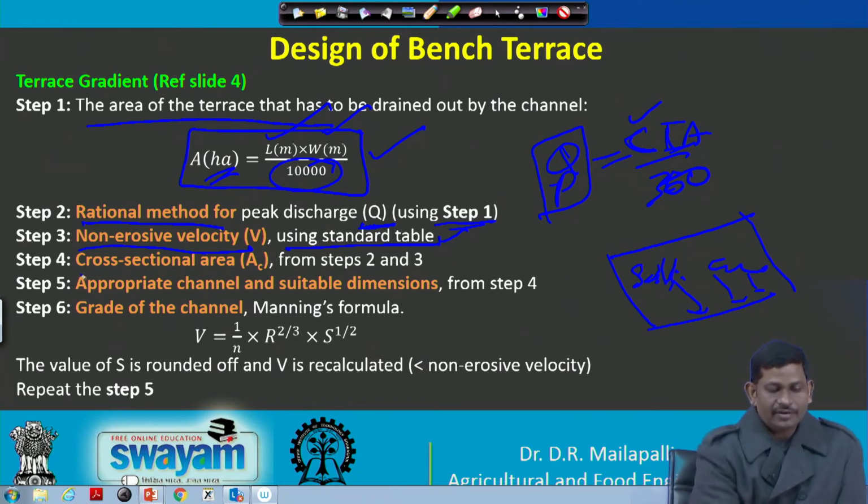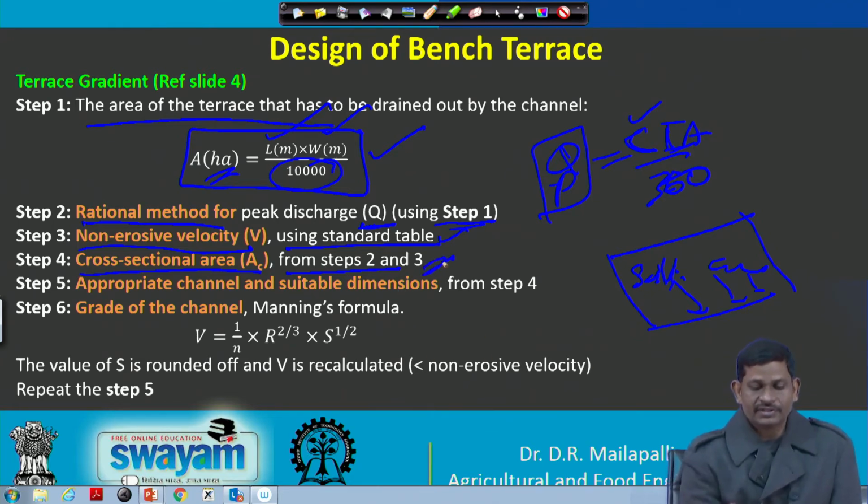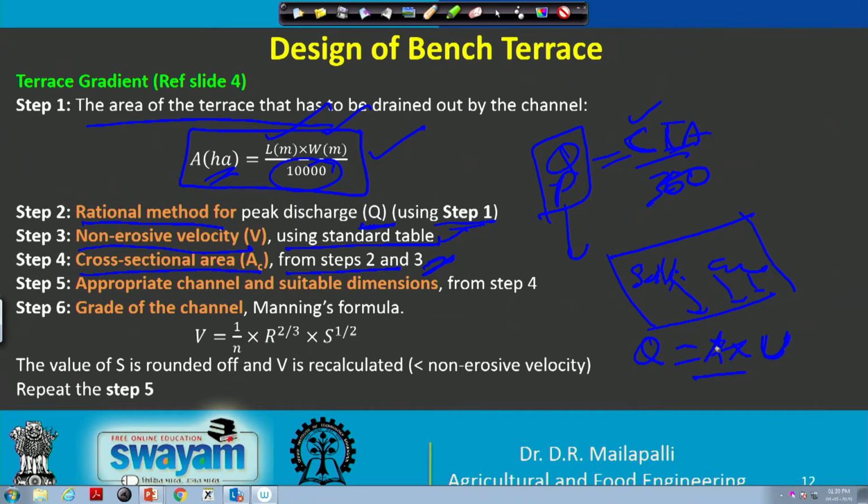The cross-sectional area A from table 2, steps 2 and 3, will be used to estimate the cross-sectional area. That is the continuity equation. Knowing Q and knowing V, Q is equal to A into V, so the area of cross section will be known.